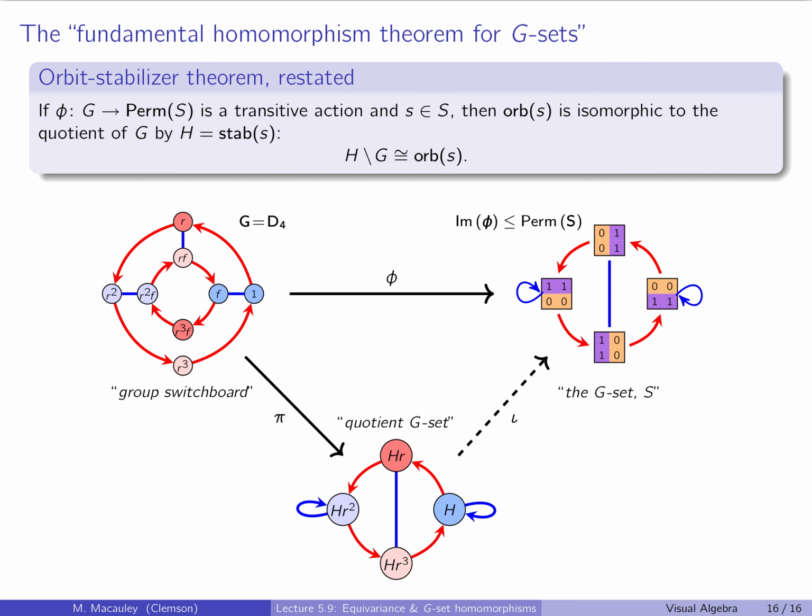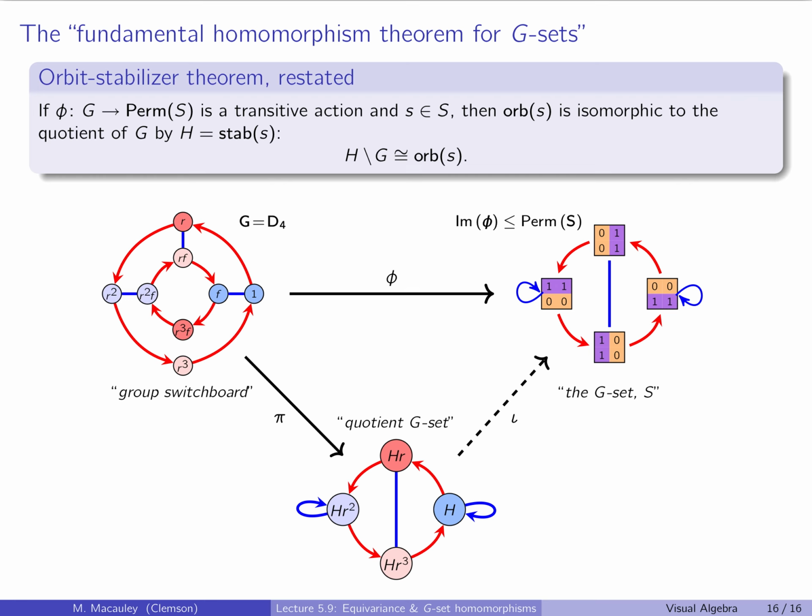Finally, I want to say one last comment about the orbit stabilizer theorem. I could have said this in an earlier lecture, but I didn't feel right doing it until we defined G-set homomorphisms. And I claim that what the orbit stabilizer theorem is really saying is the fundamental homomorphism theorem for G-sets.